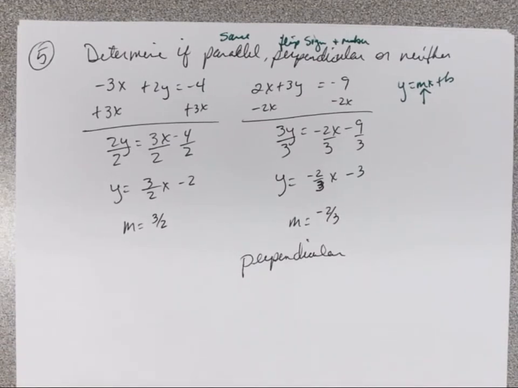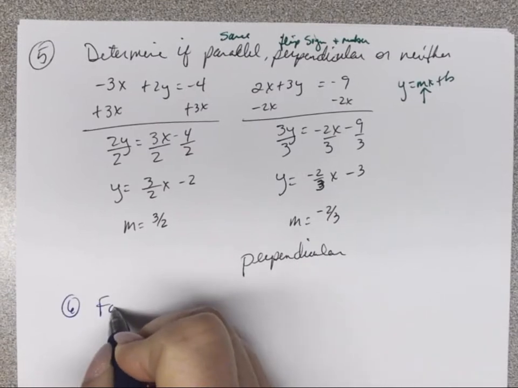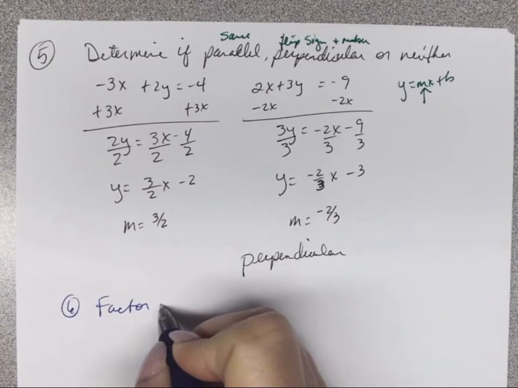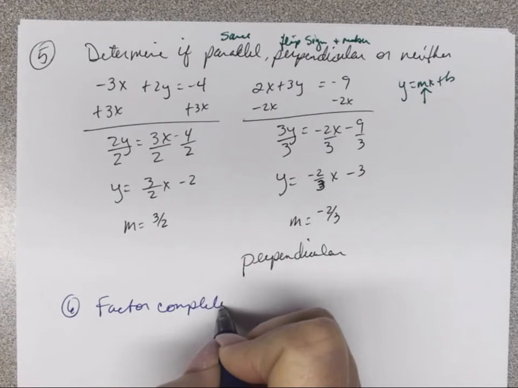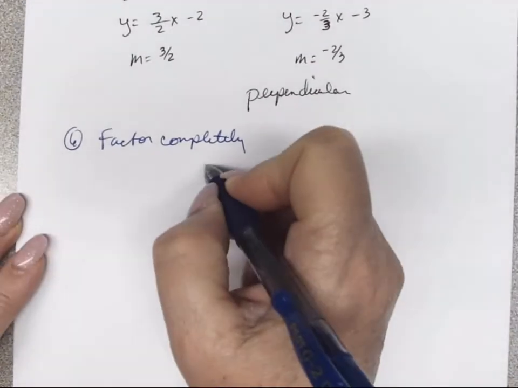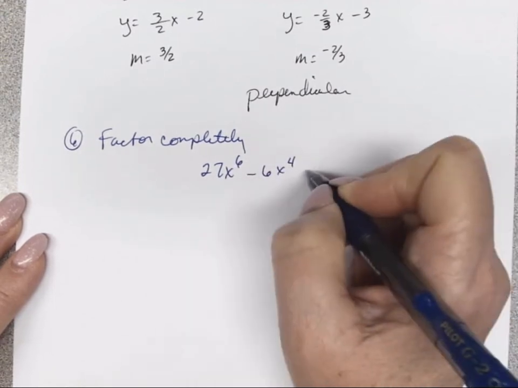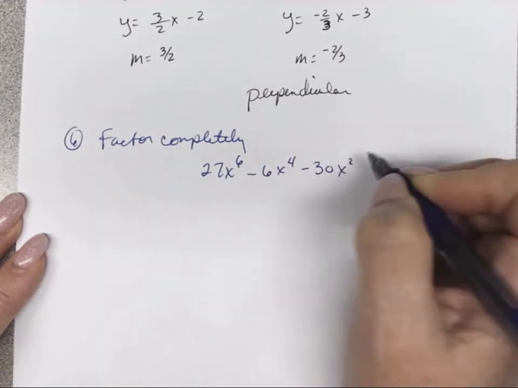So for number 6, we are doing some factoring. And on each of the factoring problems, we are going to factor completely. So we have 27x to the 6th minus 6x to the 4th minus 30x squared.